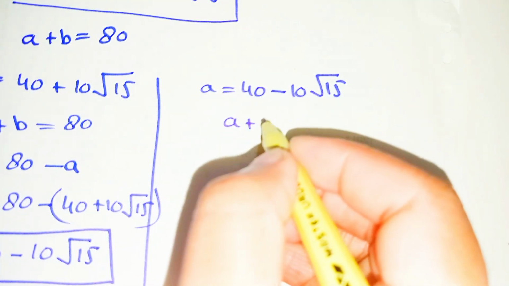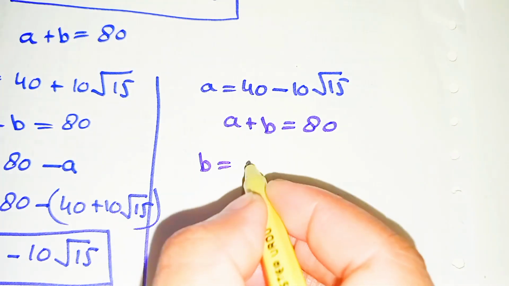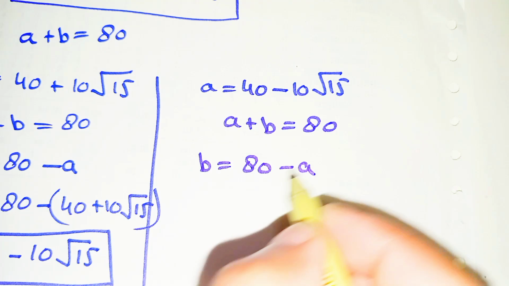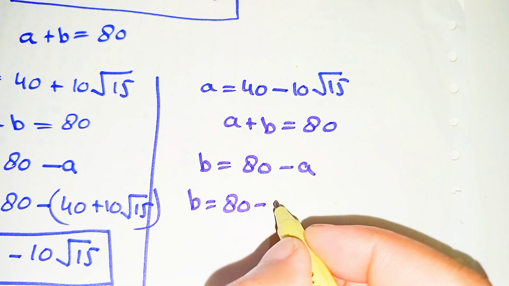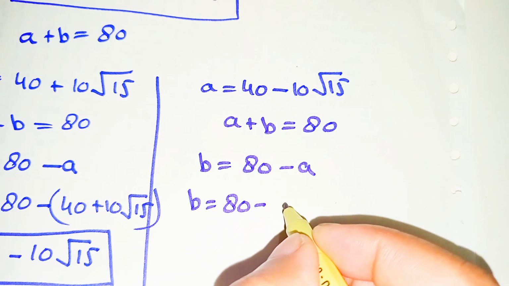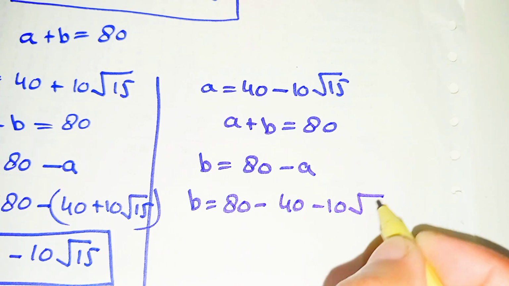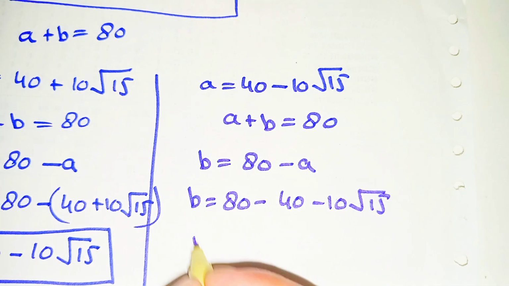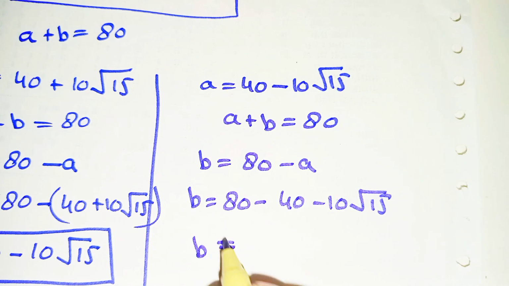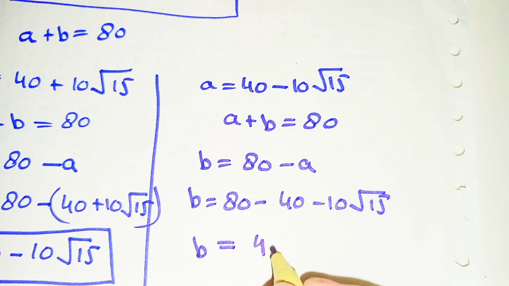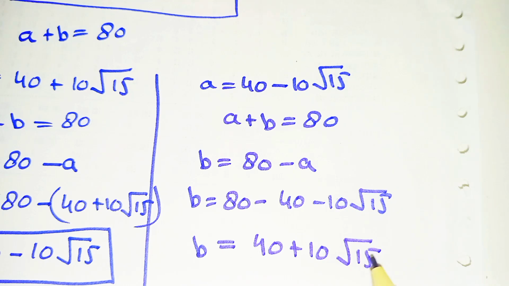Now a plus b is equal to 80 and b is equal to 80 minus a, and here we put the value of a as 40 minus 10 square root of 15. So b is equal to 40 plus 10 square root of 15.